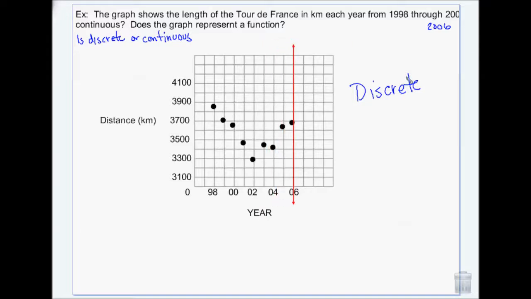So it is a function. Which makes sense, right? Because they wouldn't have 2 different races on the same year of 2 different lengths. It's the Tour de France. They only do that once a year.